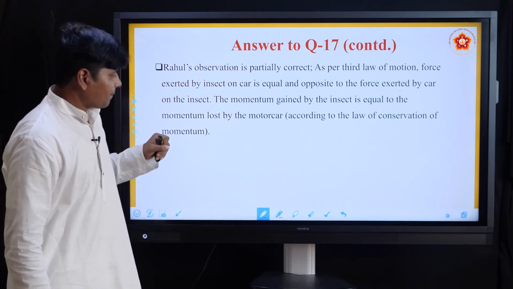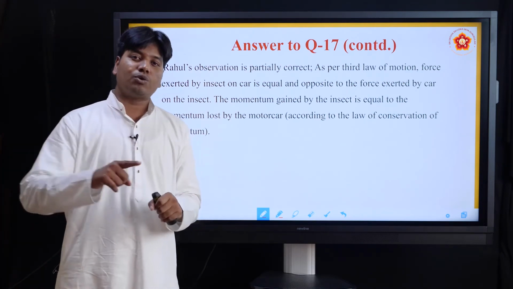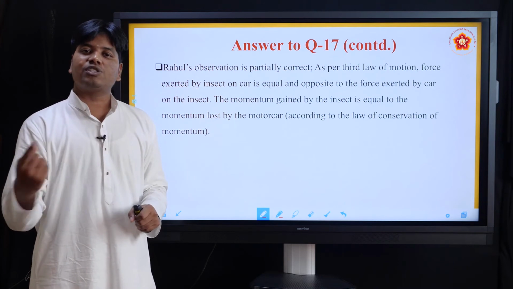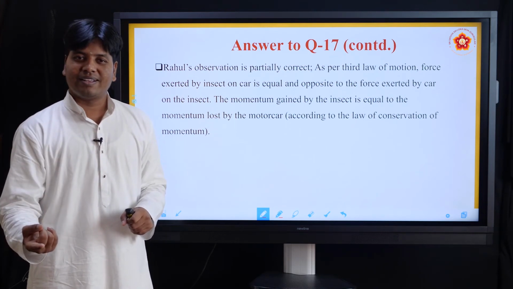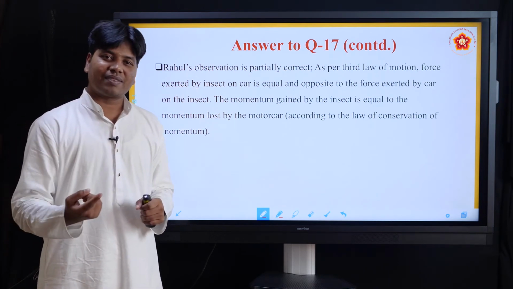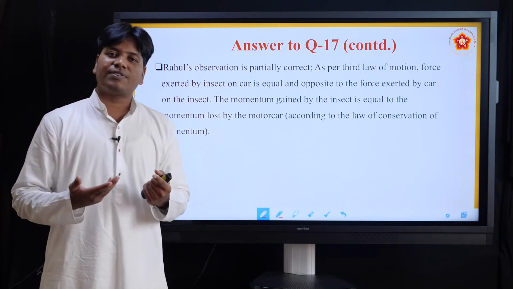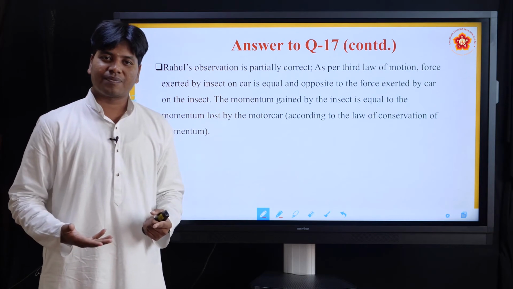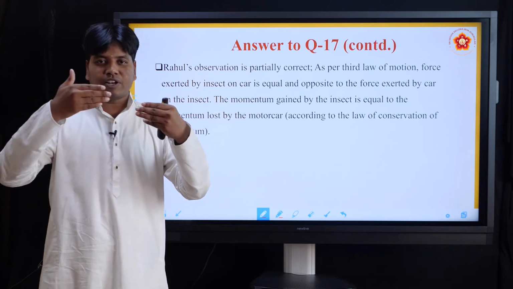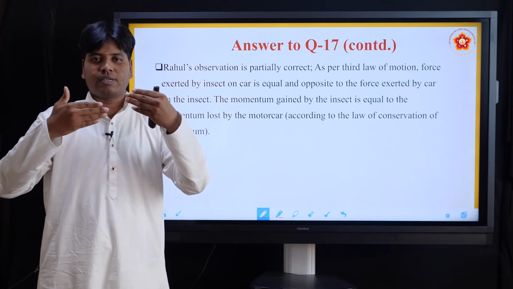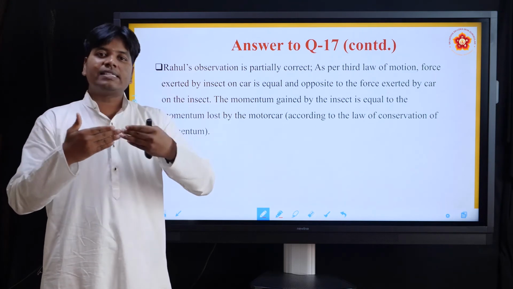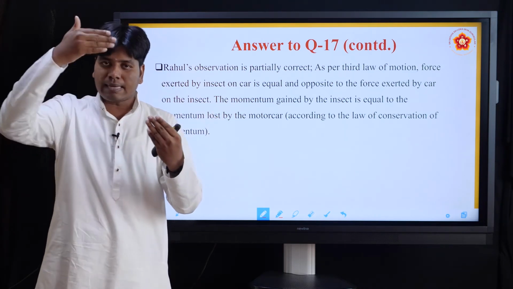And the second statement, he further goes on adding that the momentum change is also the same. If the momentum change is the same, then what does it contradict? It contradicts our law of conservation of momentum. After the collision, some velocity this car has to reduce, and that velocity this insect gained. That means there is some loss.